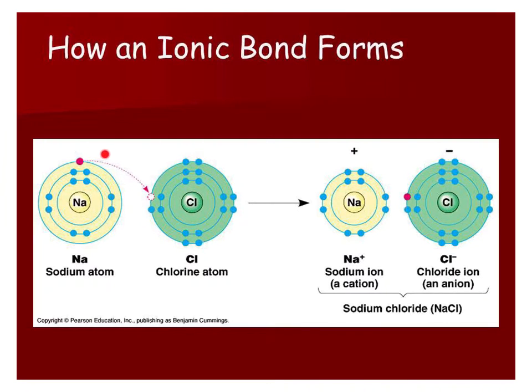So the electron will be donated from the sodium atom to the chlorine atom, and now we have a full octet on the sodium ion and a full octet on the chloride ion. So we have a cation and an anion, and now these two will get together because opposites attract.